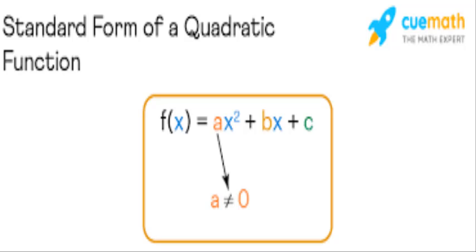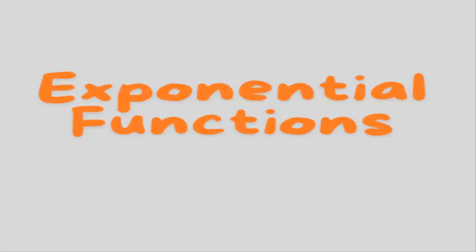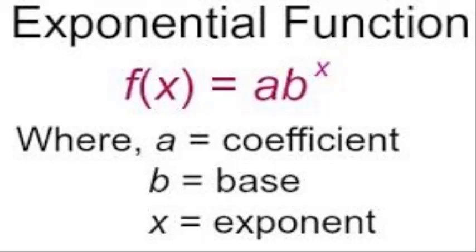They have the form f(x) = ax^2 + bx + c, where a, b, and c are constants. 3. Exponential functions. Exponential functions have the form f(x) = a·b^x, where a and b are constants and b is the base of the exponential.